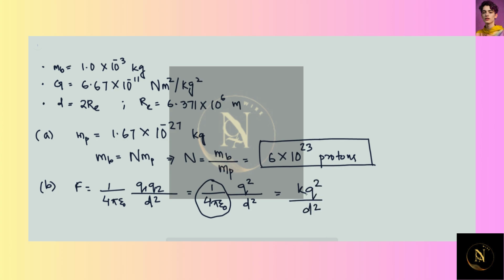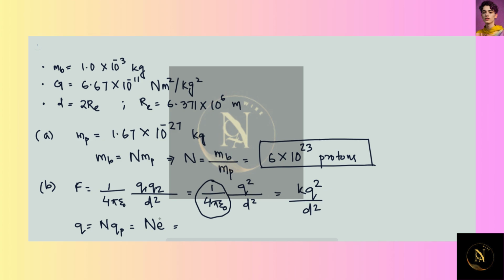So we need to find q here, because q is not the charge on a single proton. This will actually be equal to the total number of protons inside each bag times the charge on a single proton. And this is equal to the magnitude of the charge of an electron.